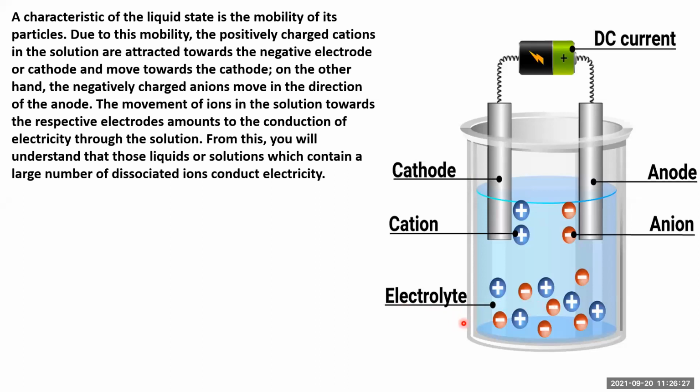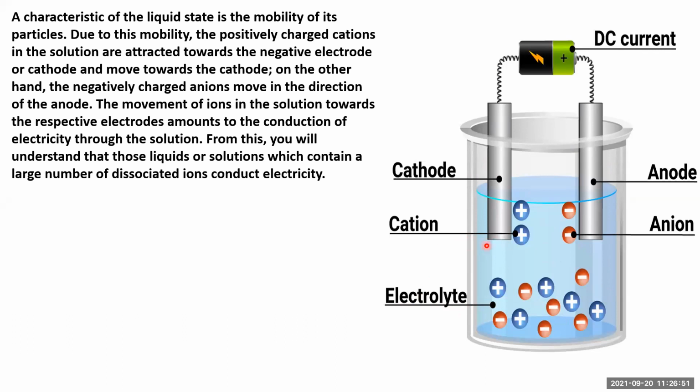So all these terms should be known to you: what is an electrolyte, what is an electrolytic cell. This whole setup is called the electrolytic cell. What is an electrolyte? The electrolyte is the liquid. What is an electrolytic cell? The setup to carry out the activity is known as an electrolytic cell. What is a cation?